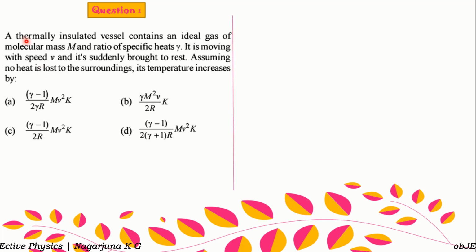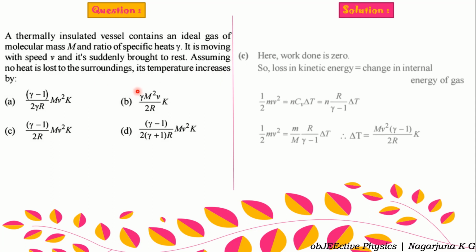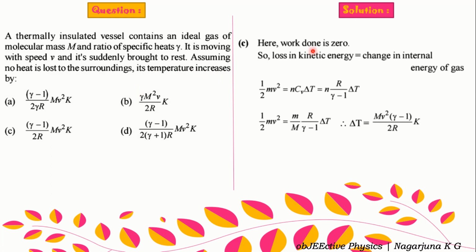Next question. A thermally insulated vessel contains an ideal gas of molecular mass capital M and ratio of specific heats gamma. It is moving with speed v and is suddenly brought to rest. Assuming no heat is lost to the surroundings, its temperature increases by... Here, work done is 0. So, loss in kinetic energy is equal to change in internal energy of the gas.